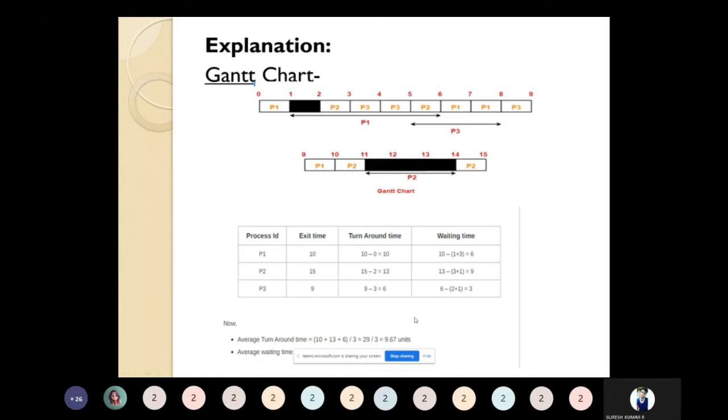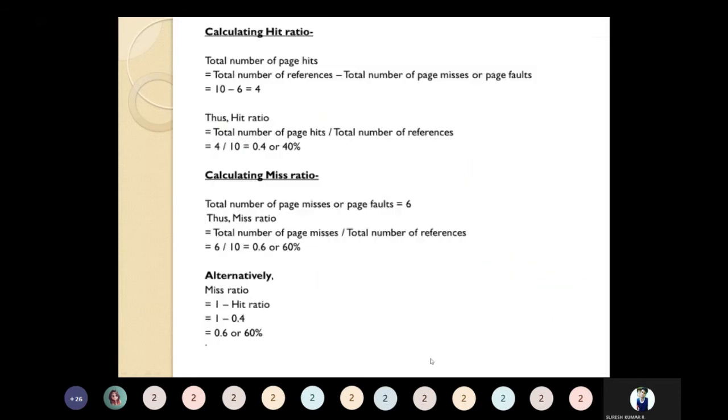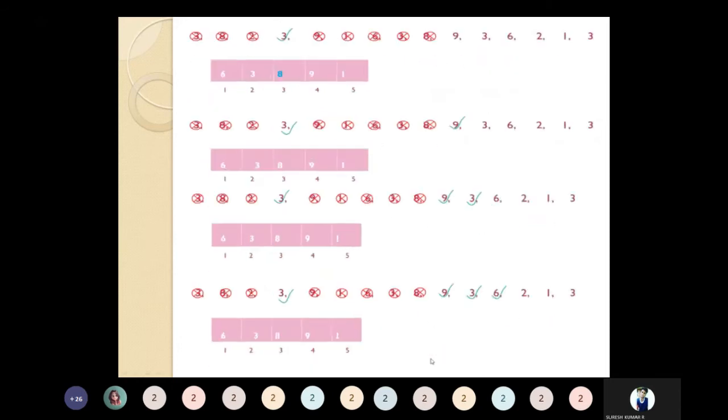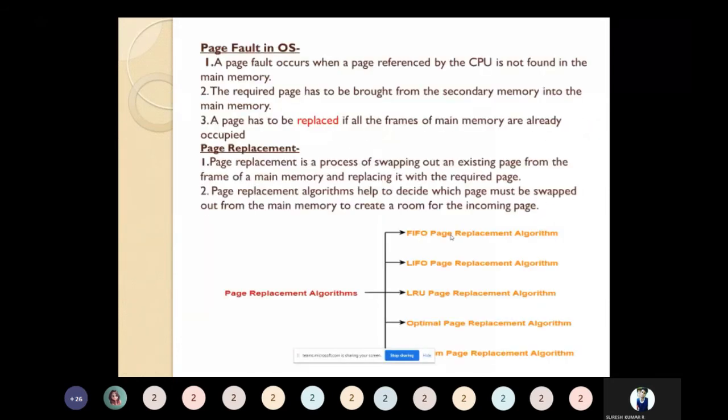For this priority scheduling, we calculate the average turnaround time and the average waiting time. These are some of the problems we have seen from CPU scheduling algorithms. Many scheduling algorithms we discussed come under process management.